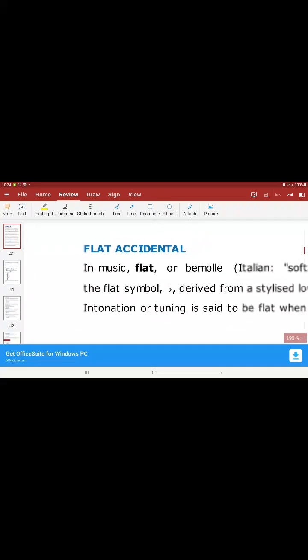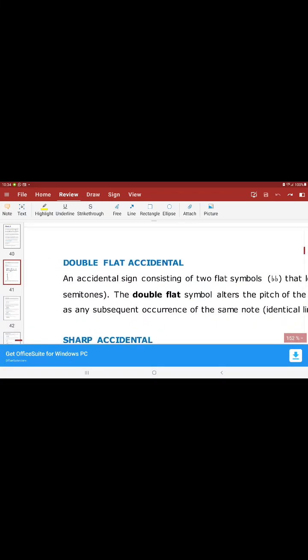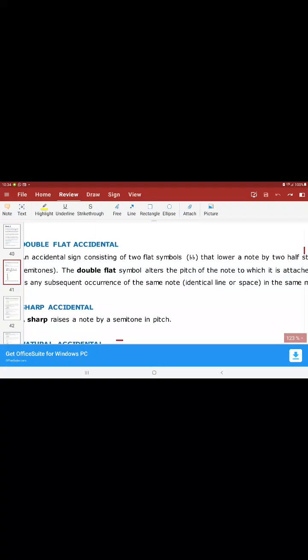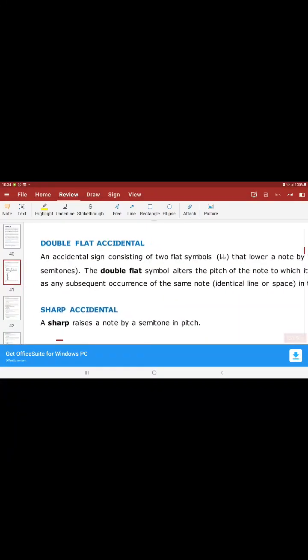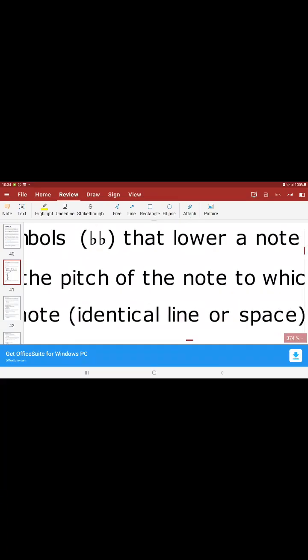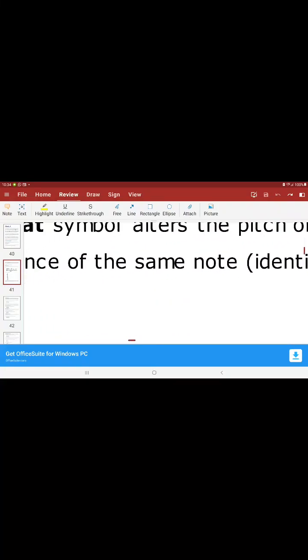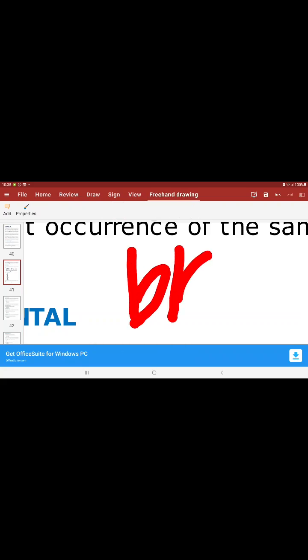So we can have a double flat also. A double flat will decrease the pitch of a note by a whole tone. Say you have this in front of that particular note.